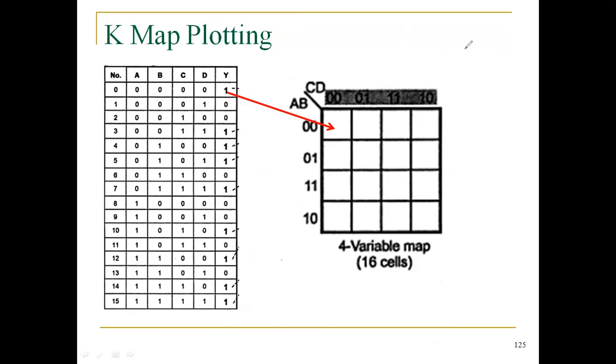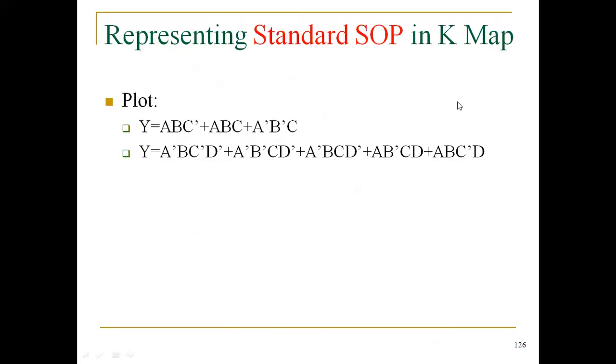Okay, now the consolidation of representation of expressions in SOP, particularly in the K-map, please listen carefully. This is the standard SOP. We know that SOPs are called min terms.